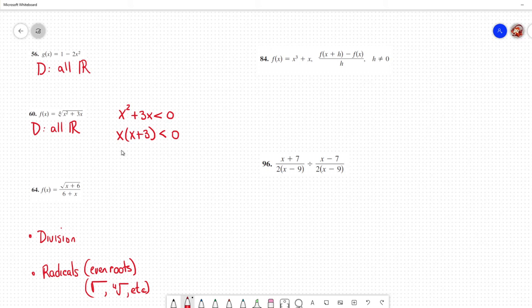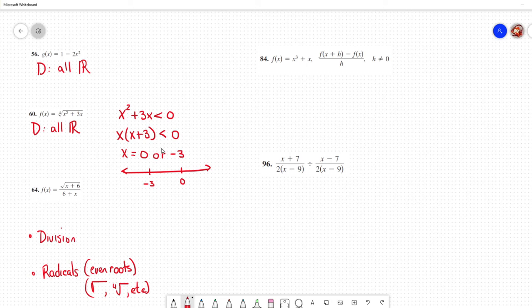So when is this going to be 0? It's when x is 0 or negative 3. That's when this would be 0. So now the question is, I'll draw a little number line to demonstrate. Here's my little number line.